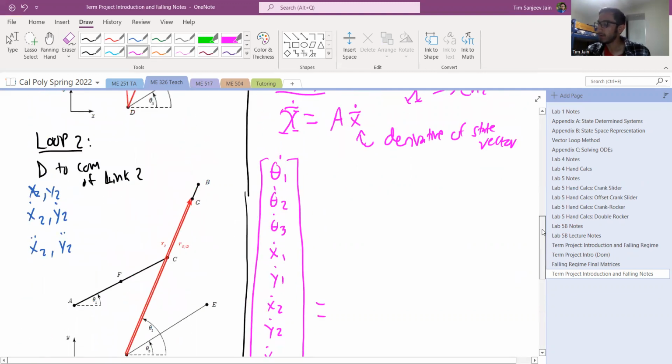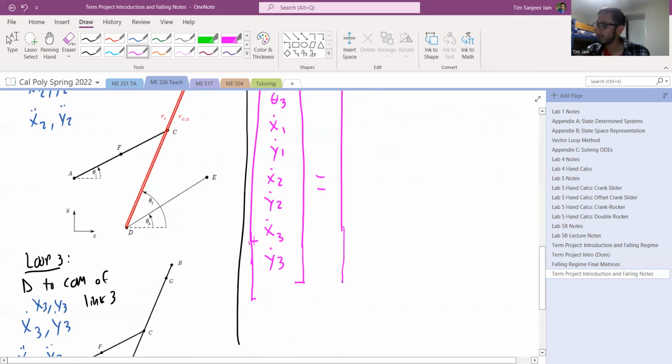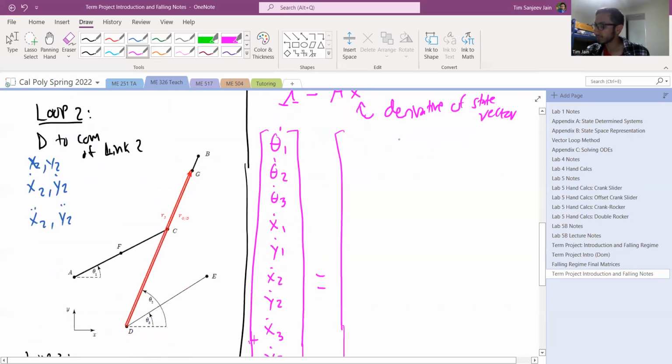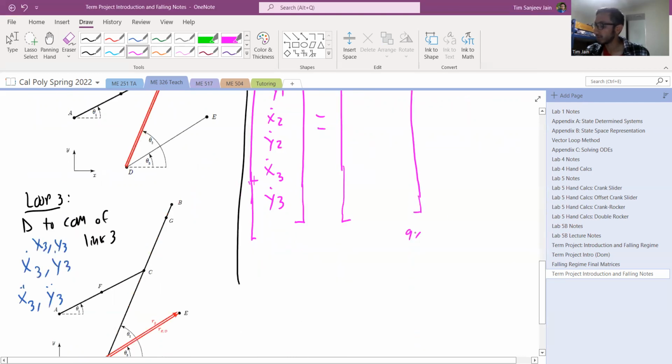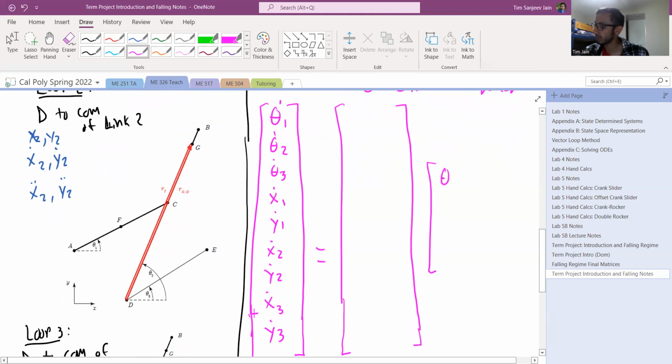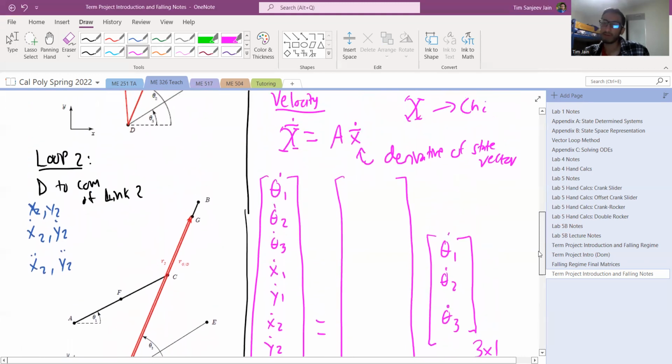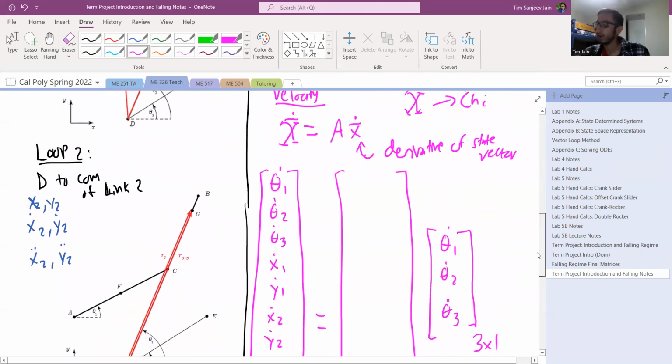Then you're going to have your A matrix, which is a 9x3 matrix, because this is a 9x1. Then you have your derivative of the state vector, theta 1 dot, theta 2 dot, and theta 3 dot, so 3 by 1. You're going to end up getting a 9 by 1 for your chi dot.